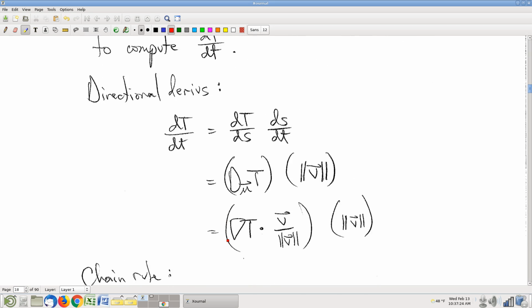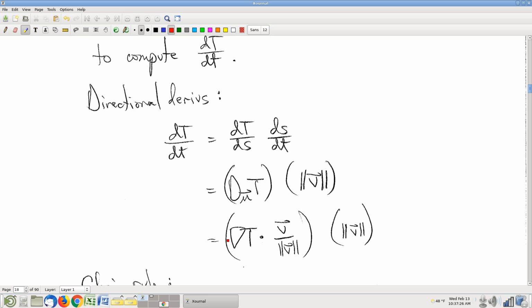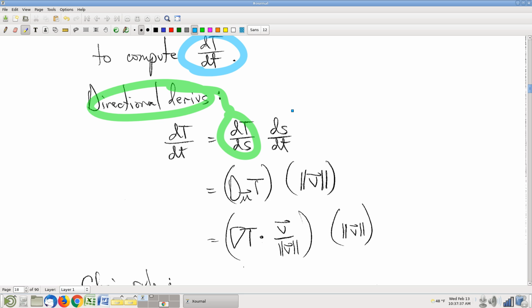One is you could kind of force it and try to cram this into using the directional derivative. And here's how you'd use the directional derivative. The directional derivative, of course, is dT/ds. I want to compute dT/dt. dT/dt relates to dT/ds by the single variable chain rule.